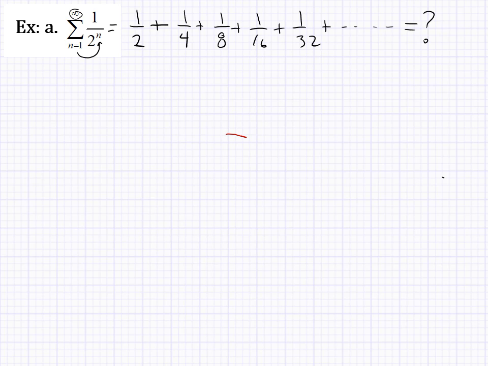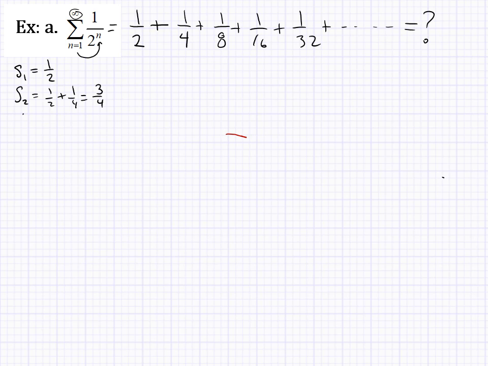So in that previous theorem, let's look at the partial sums. Let's look at the first partial sum, which is 1/2, just the first term. Then we'll look at the second partial sum, which is 1/2 plus 1/4, which is, in our case, 3/4.